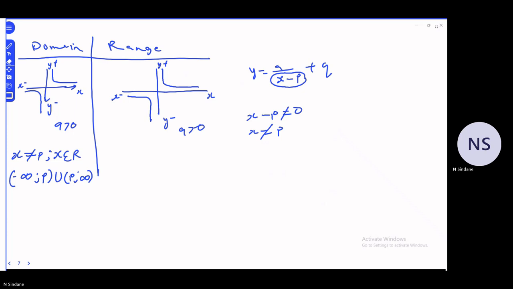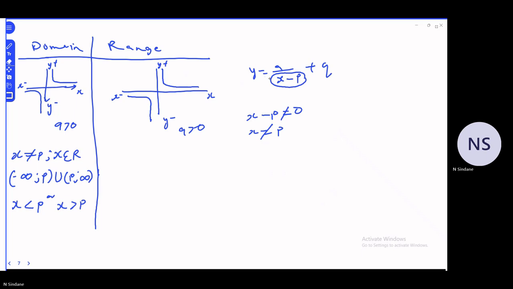That is how you can represent your domain. Sometimes you can represent it like this, x is less than p and x is greater than p. These are three ways in which you can represent a domain, and then let's come to the range.